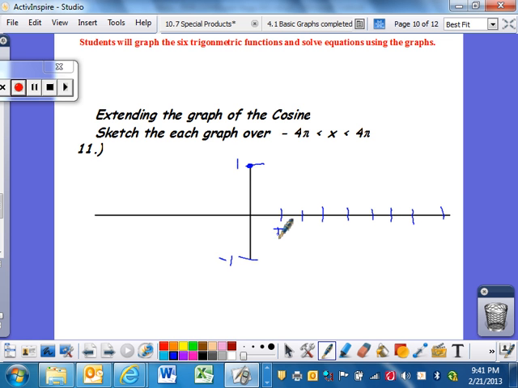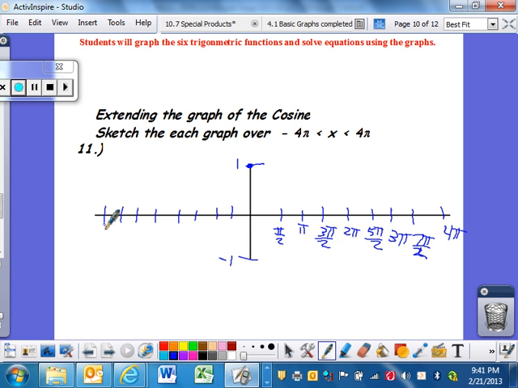So we have our pi over 2, our pi, our 3 pi over 2, our 2 pi, 5 pi over 2, our, was it 4 pi? Nope, 3 pi. Getting myself confused here. So we end up having 3 pi, and then we have 7 pi over 2, and then we have our 4 pi. Just like on the other side, we can just repeat the same numbers.